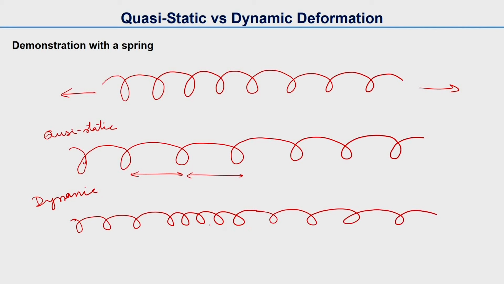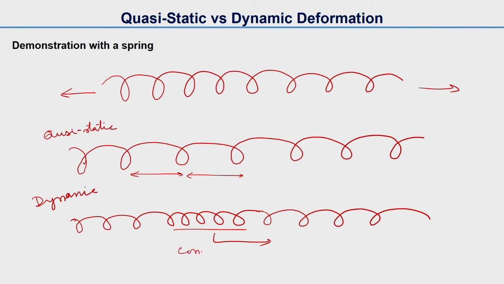This compression portion will propagate, like what we saw in the earlier slides from the atomic perspective. We will see in a while with a spring that the compression will propagate, and this is actually a longitudinal wave in a spring.